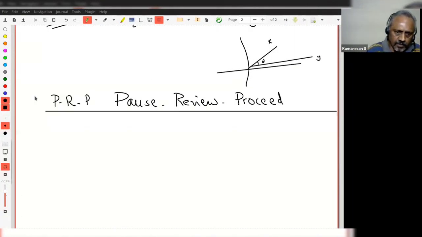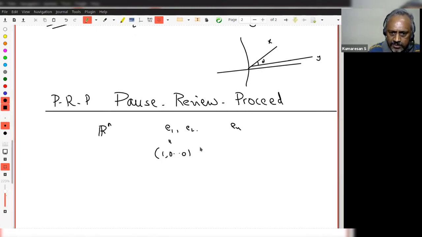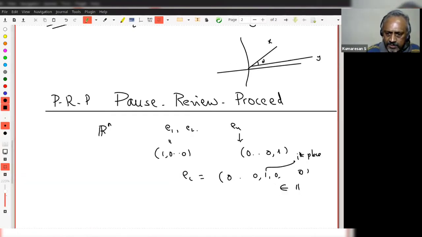Now we are going to make use of the following often. In Rn, I will introduce some vectors which I call e1, e2 and en. e1 is 1 at the first place, all other coordinates are 0. en is 0 at all coordinates, and at the nth place it's 1. So what will be ei? This is the ith place. Notice that all are vectors in Rn.